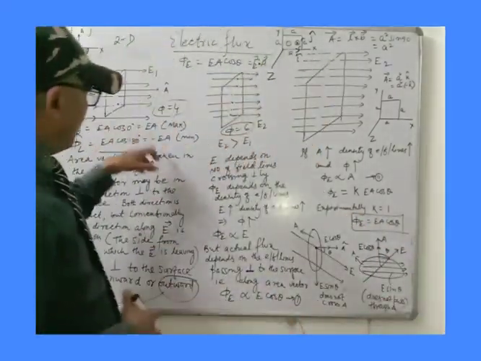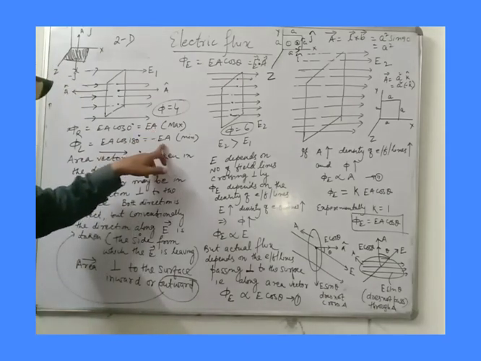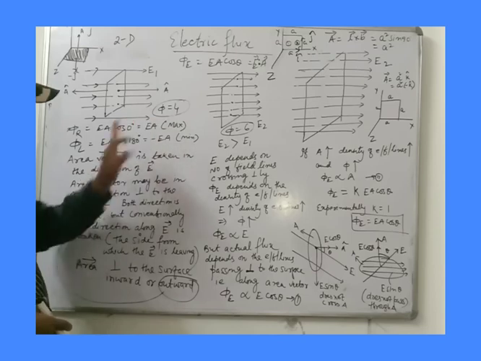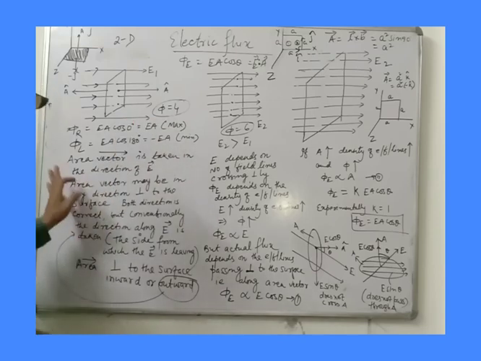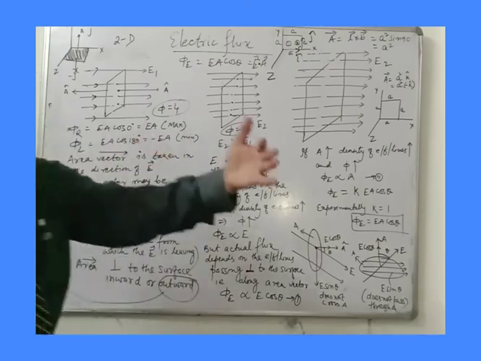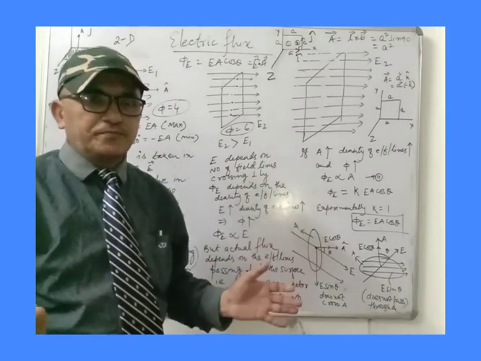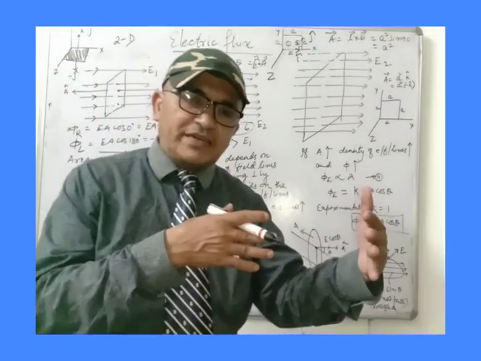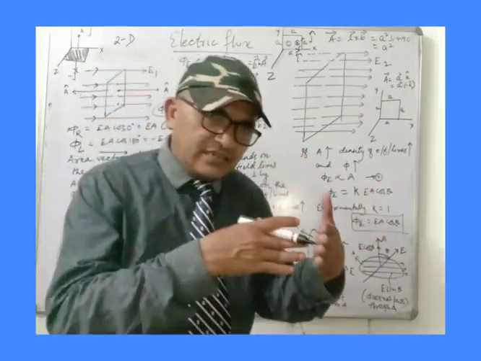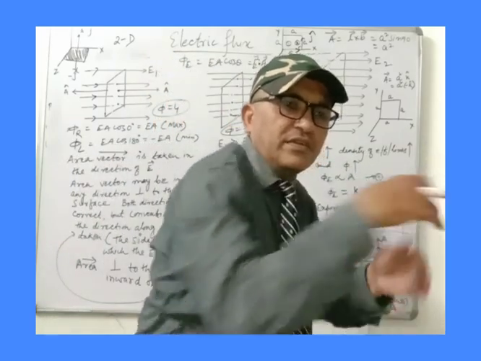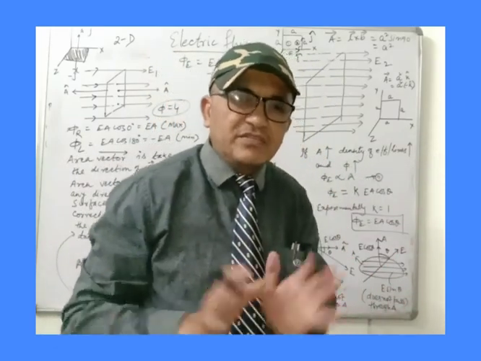That means this is the positive EA, this is the negative EA, because cos 180 is minus 1. So this cancels out. Net flux entering and leaving will be 0. Now, coming to the point of energy: the energy which entered, the same energy came out. So net energy left with the surface is 0.